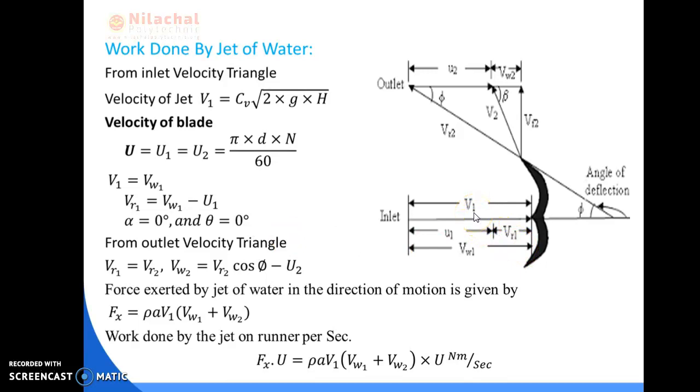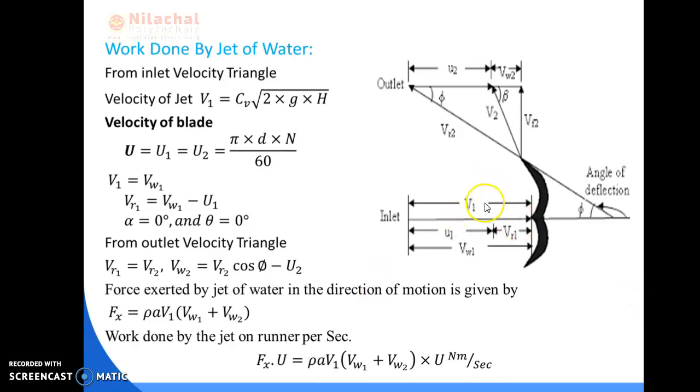The jet V1 is along the horizontal direction. While it is moving at an angle, we have already studied that it has two types of components: one is the horizontal component, another is the vertical component. The horizontal component is Vw1 or Vw2 at inlet and outlet.